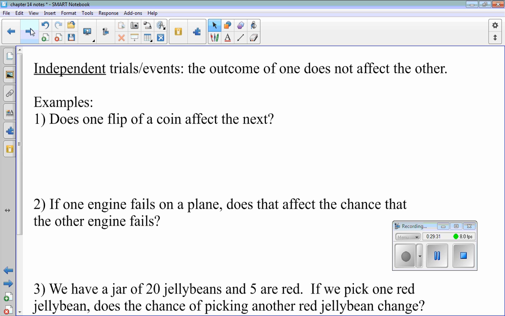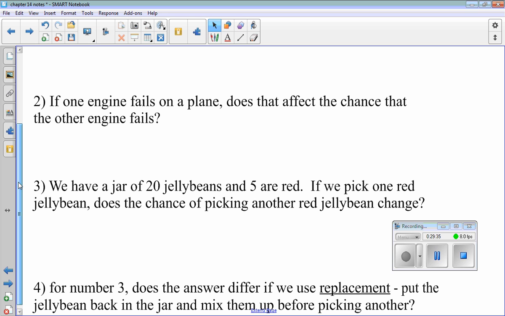Okay. What about number 2? Is that independent, yes or no? Read the situation to yourself first. You got a decision? Stand up if you think they're independent. Stand up. I think they are independent.